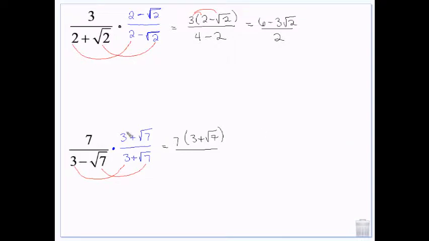And that only works because I'm doing conjugates. So I get 9 minus 7. So I get 21 plus 7 root 7 over 2. And again, 21, 7, and 2 do not all divide by the same number, so I can't reduce.